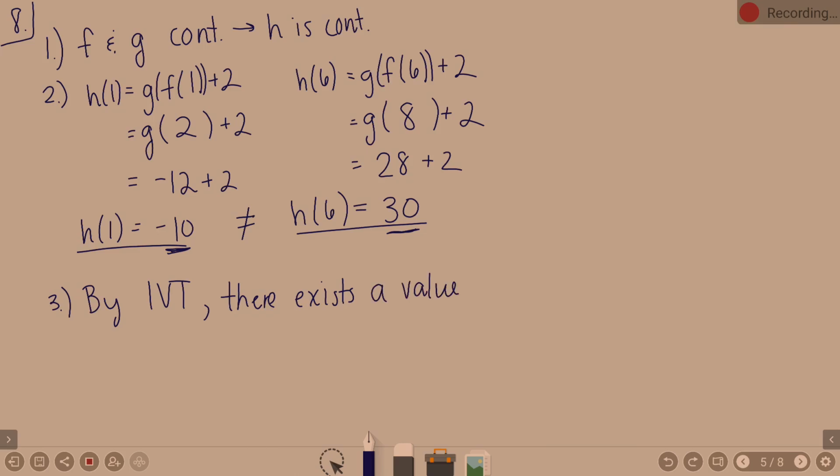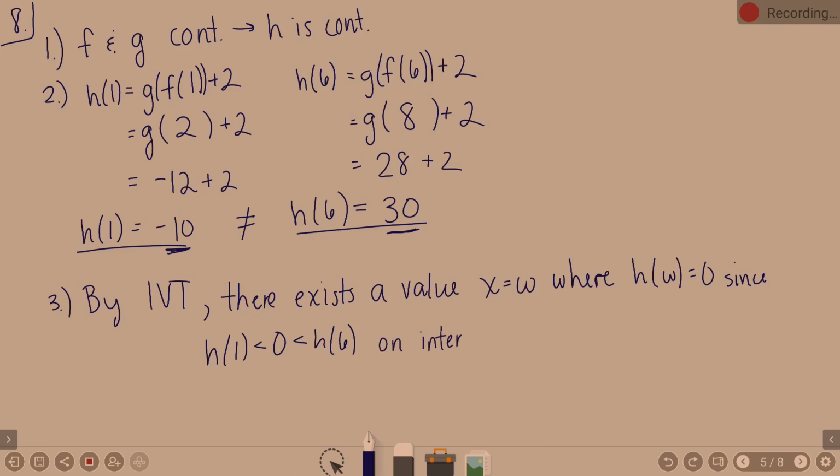Now, they didn't use C on this one, did they? They used W. So x equals W, where h of W equals 0. And how can we say that? Because h of 1 is less than 0 is less than h of 6. And that's on our interval of 1 to 6.